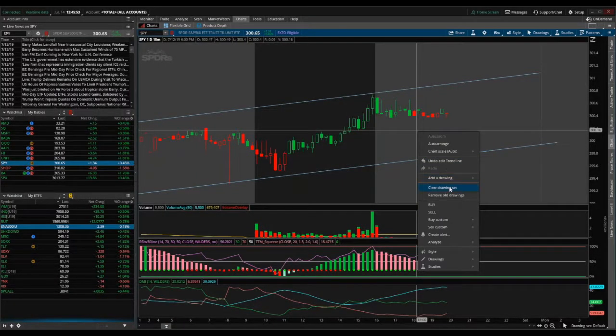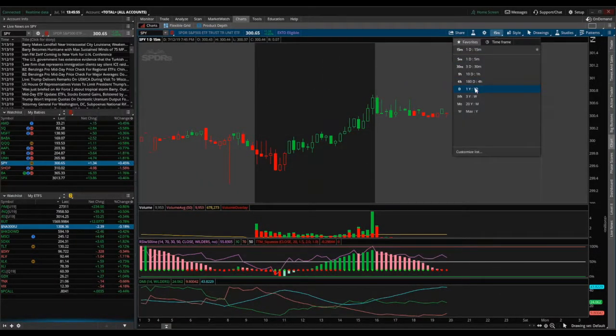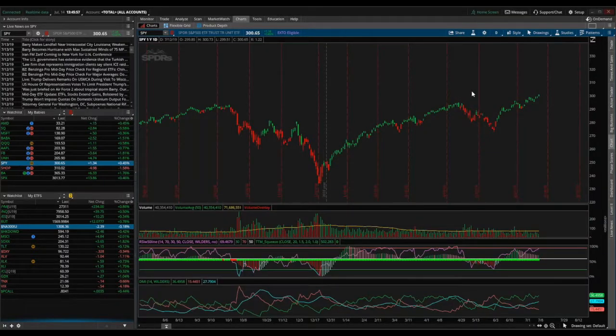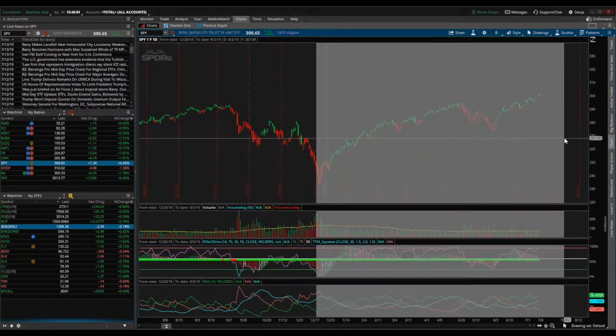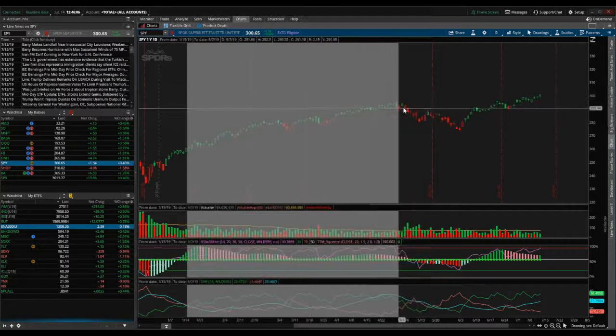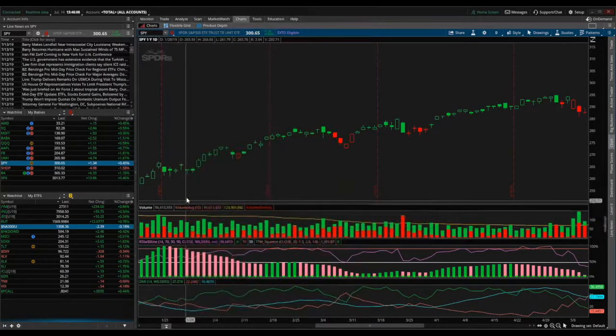So if we take a look at the S&P, this is a daily chart of the S&P 500 ETF. Let's just take a look at this section right here.